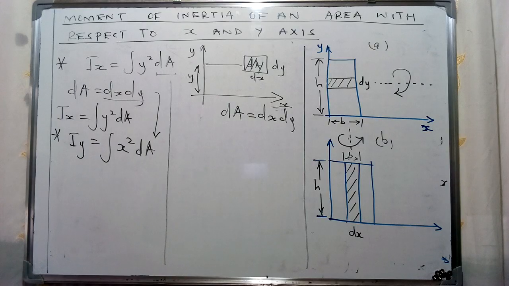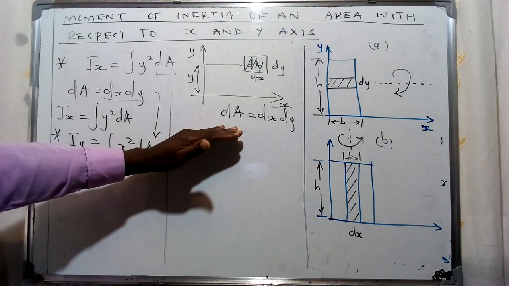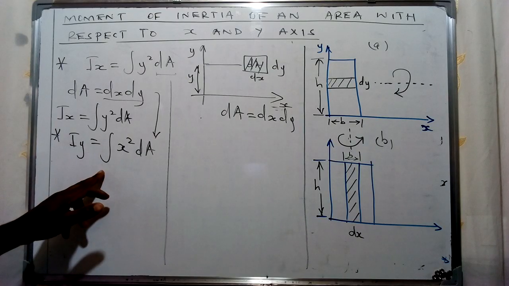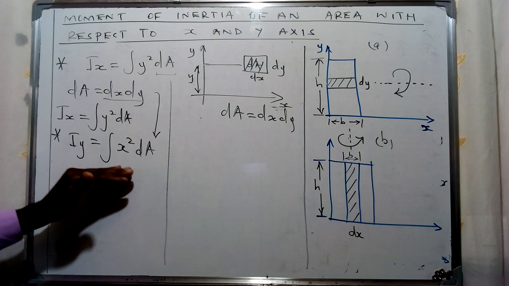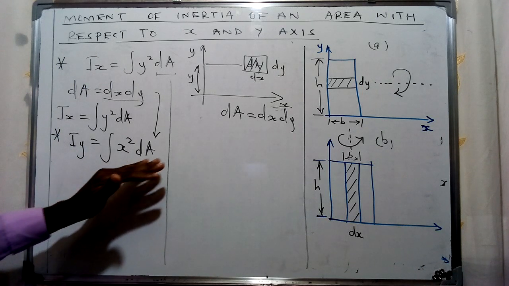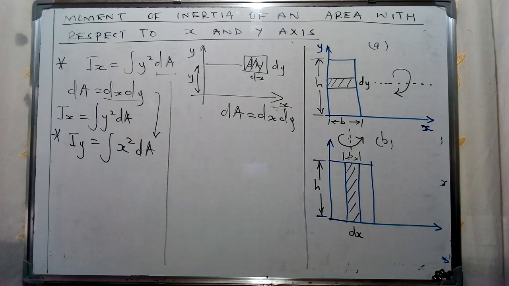For us to do an evaluation, as I've said, we're going to find a specific integral using this dA, and we're going to consider it to be a thin strip parallel to the axis of reference.